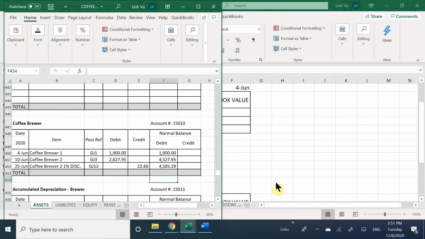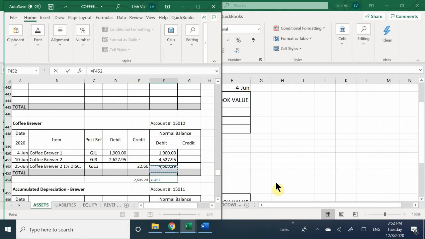I took the 2,627.95 and subtracted the 1% discount we received of 22.66, and I came up with $2,605.29. So this is what you did, right?